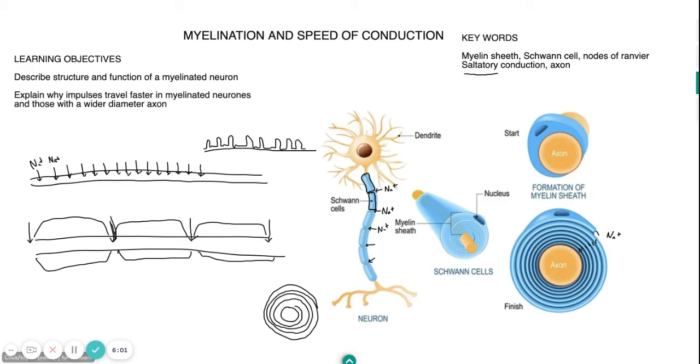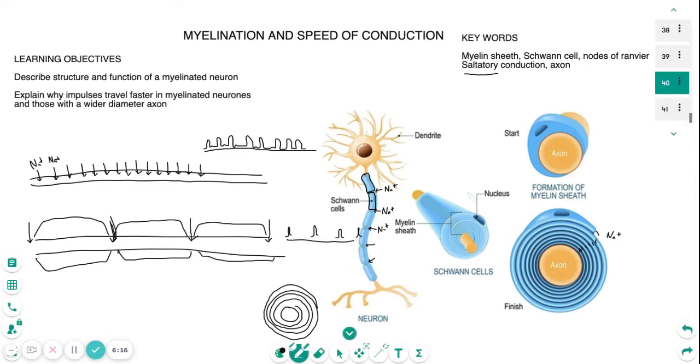Whereas on this myelinated one, you're going to see activity doing this, action potentials jumping, taking place. So let's apply this to a question now.